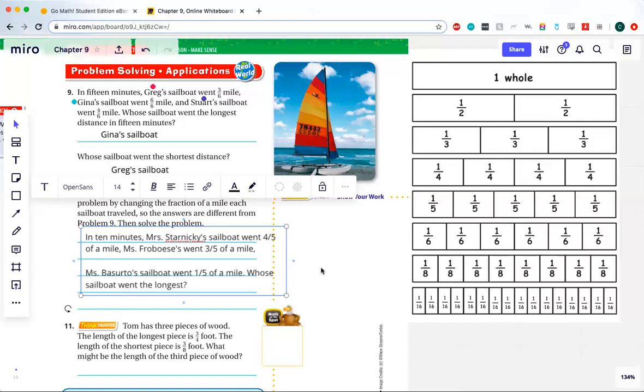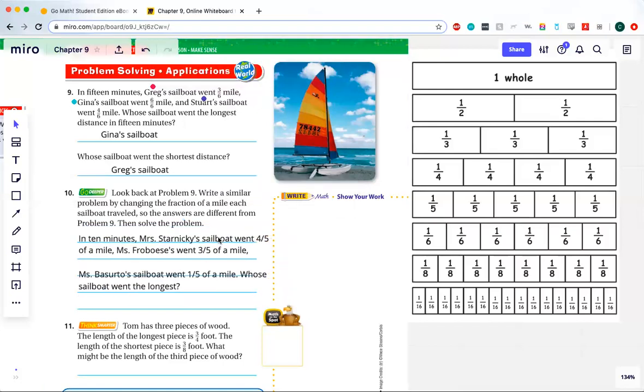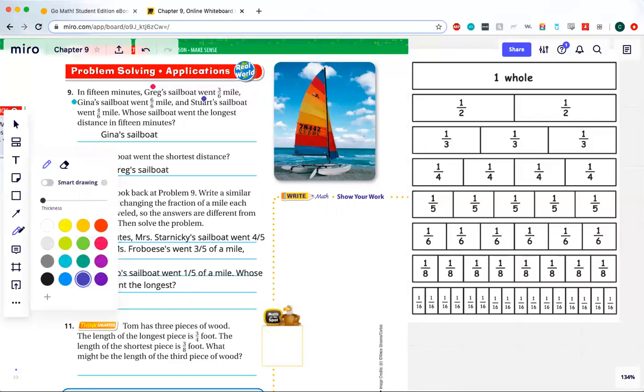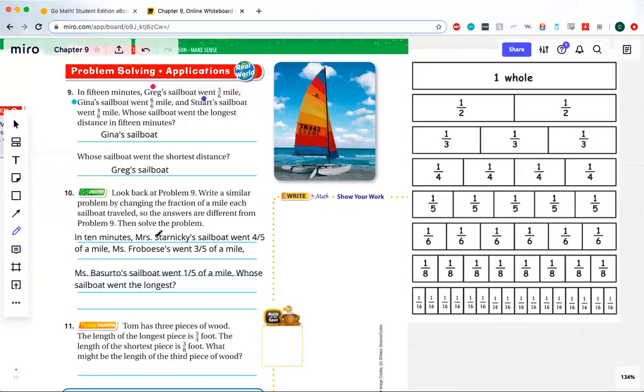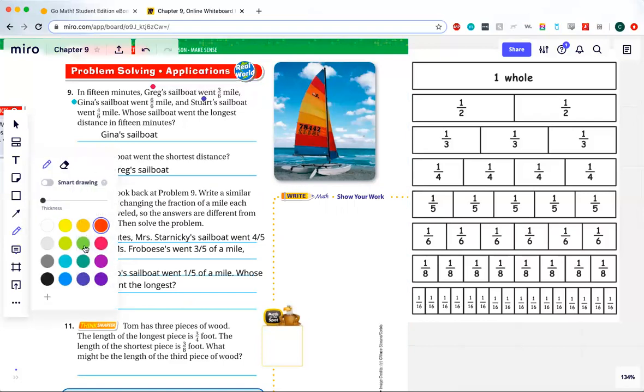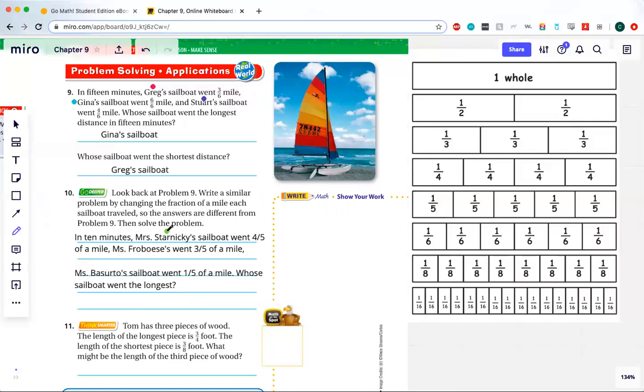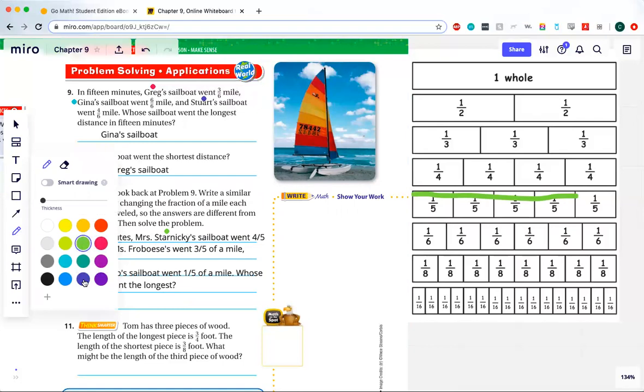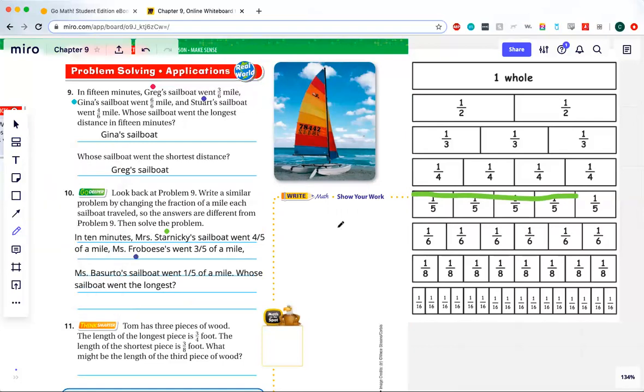Okay, so here's our problem. In 10 minutes, Miss Starnicky's sailboat went 4/5 of a mile, Miss Frobo's went 3/5, and Miss Basurdo's went 1/5. So let's say that Miss Starnicky's favorite is green, so we're going to do green. Miss Starnicky went 4/5, so I'm going to color that in. 1, 2, 3, 4. Miss Frobo, her favorite color is purple, so she's going to be purple, and she went 3/5. So I'm going to count out 3. 1, 2, 3.